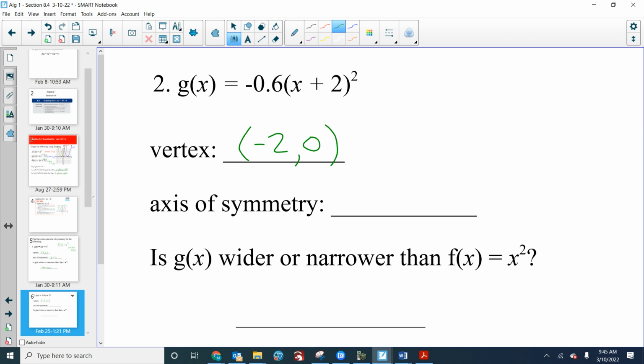What's my axis of symmetry? But what do you got to write though? Okay. x equals -2.